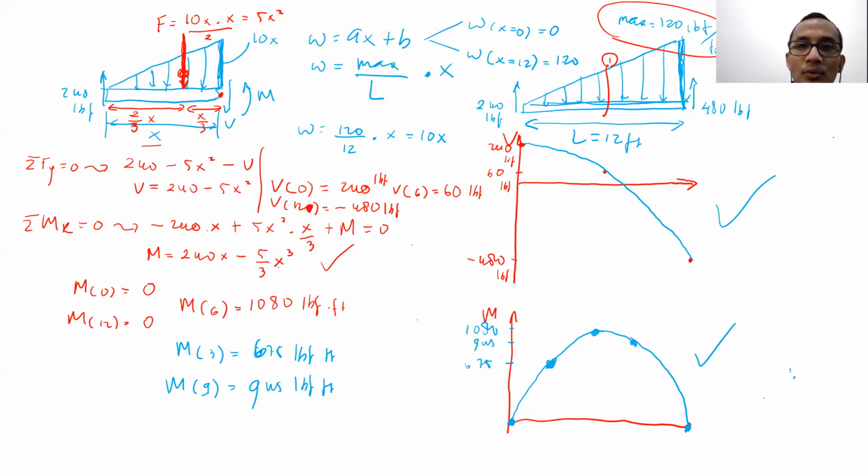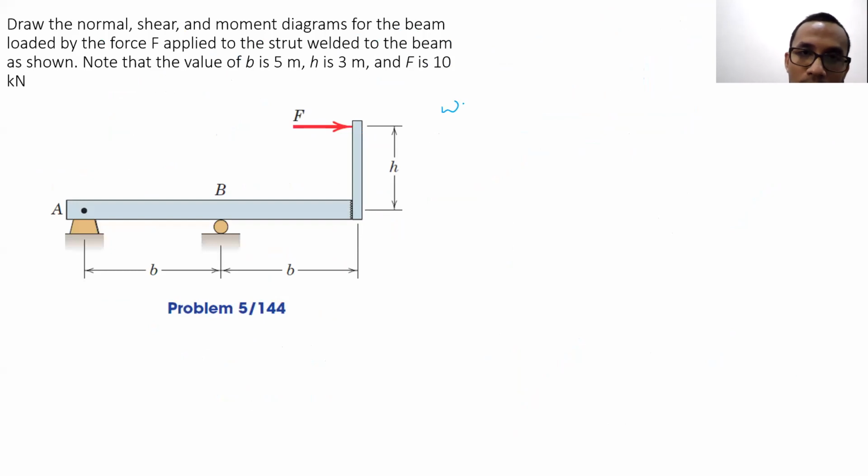You can input these values into the equation. So the first equation, I will just put it here: W is equal to AX plus B. The first is W at X equal to 0 is 0, and W at X equal to 12 is 120. So you can just put it here.